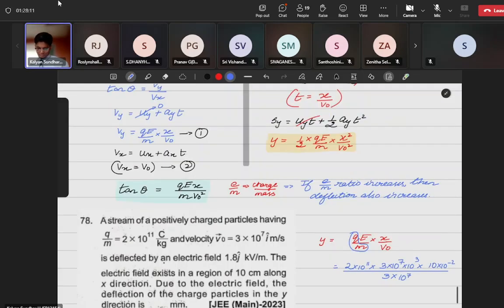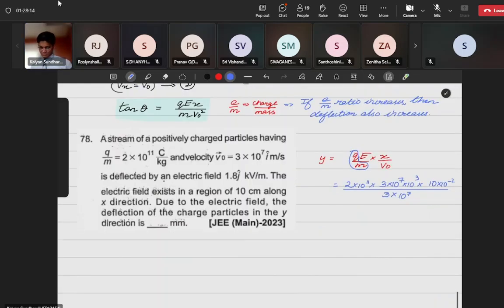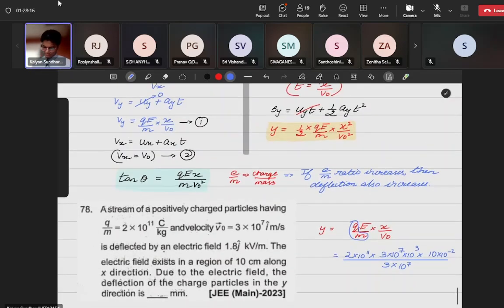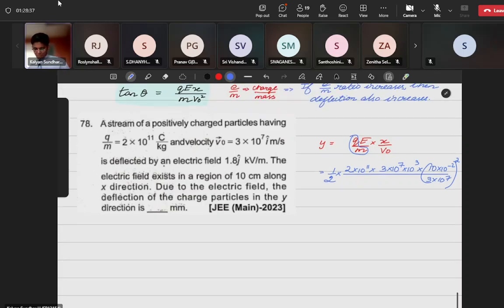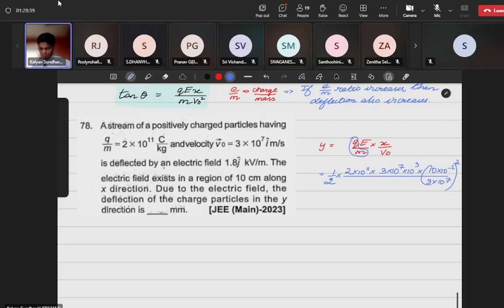Half into x square, divided by 3 into 10 to the power 7 whole square. Kilovolt, so 10 cube.